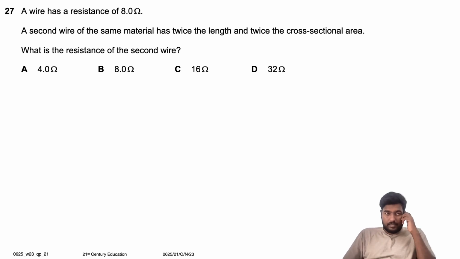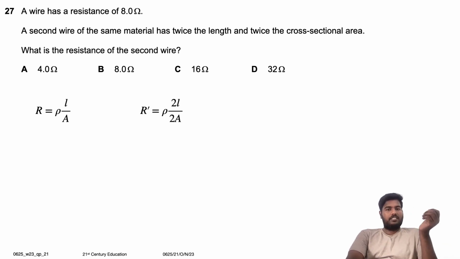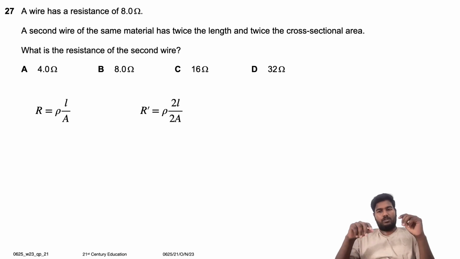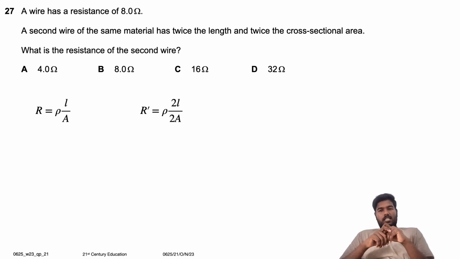A wire has resistance of 8 ohm. A second wire of the same material has twice the length and twice the cross sectional area. What is the resistance of the second wire? Okay, nice. We know that resistance is rho L by A, rho is resistivity. Let's take the new resistance, which is the same material, so resistivity is not going to change. It's an intrinsic property of the material. Length is twice, so 2L, and cross sectional area is twice, so 2A.